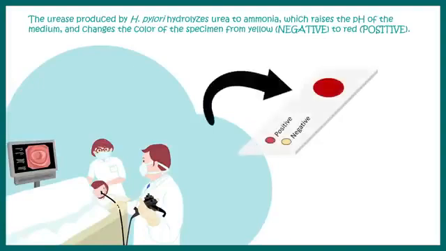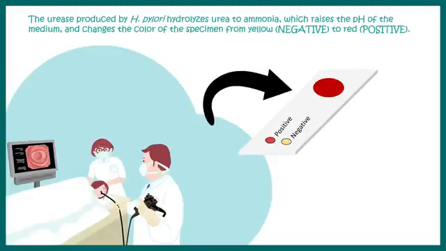So there are small strips available which are used to perform the urease test. As I have mentioned already, Helicobacter pylori has the urease enzyme. So obviously here in this particular spot there is urea. So if there is urease, there would be ammonia production, and the indicator which is present in this spot will change the color.